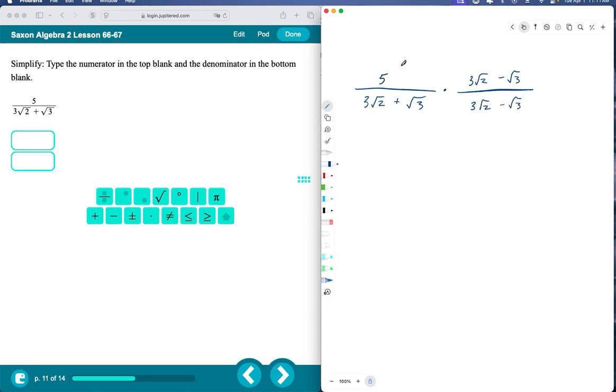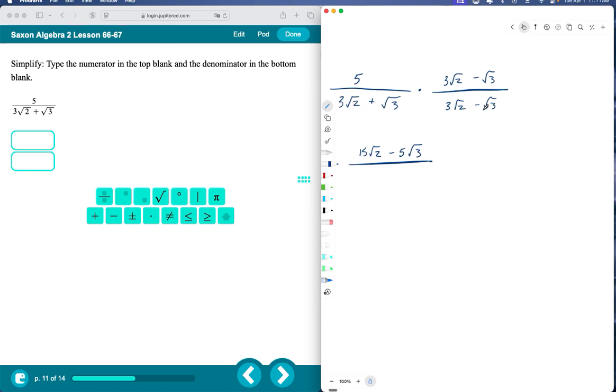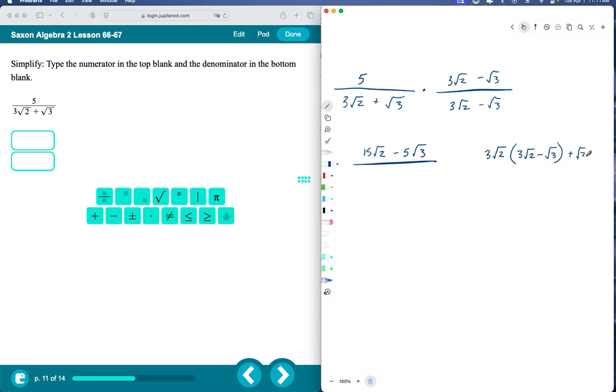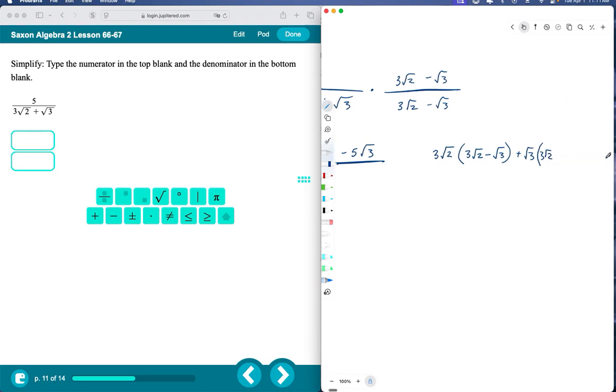Okay, so I multiply that. I get 15 times the square root of 2 minus 5 times the square root of 3. Now I'm going to distribute to find my numerator. So 3 times the square root of 2 times 3 times the square root of 2 minus the square root of 3, plus square root of 3 times 3 times the square root of 2 minus square root of 3.